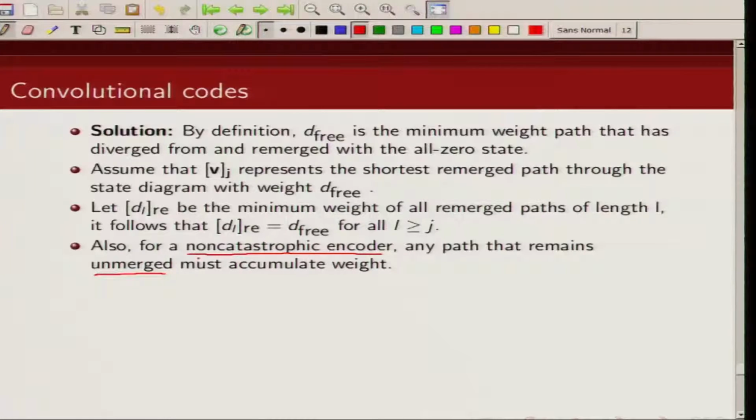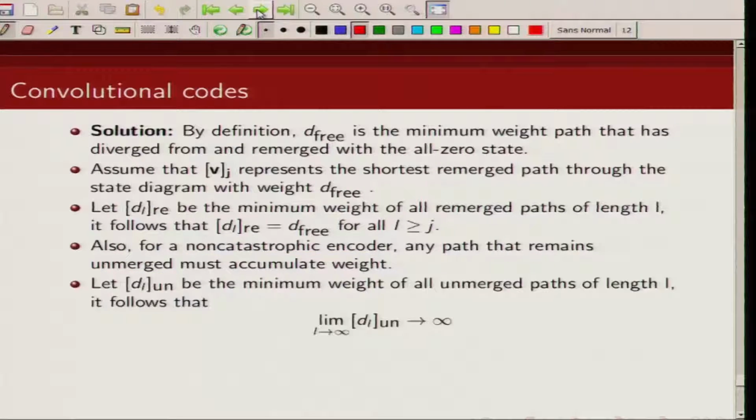So, if we have a non-catastrophic encoder, any path which has not yet merged with the all 0 state will try to accumulate more and more weight. So, what is going to happen? If we look at the column distance for unmerged paths, then as L tends to infinity, this distance will also grow and go to infinity, because it is a non-catastrophic encoder.